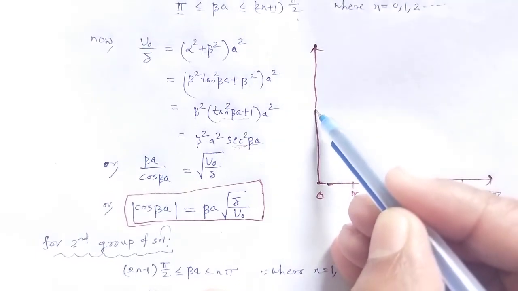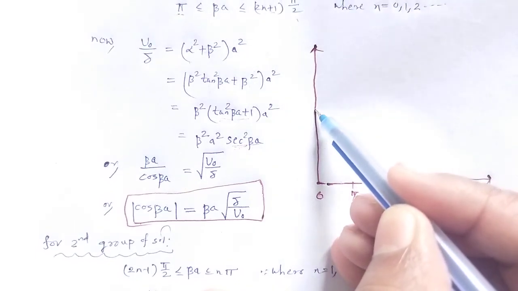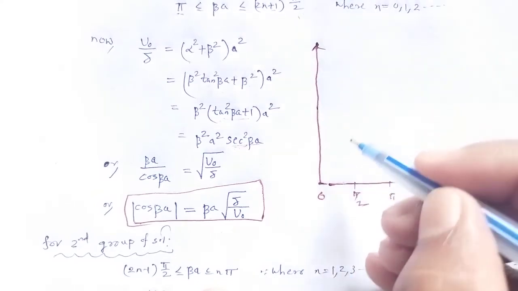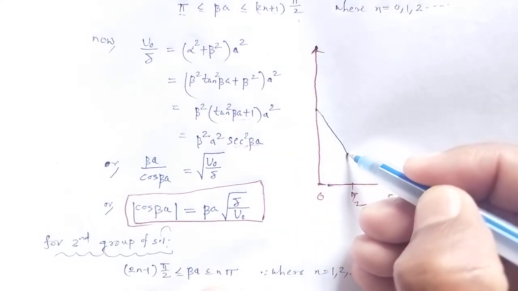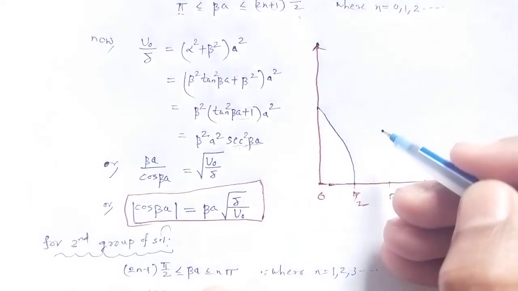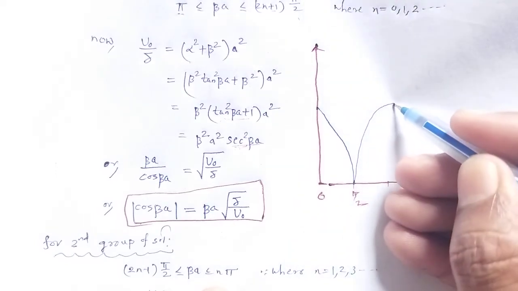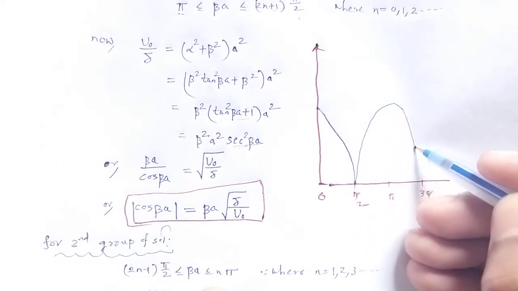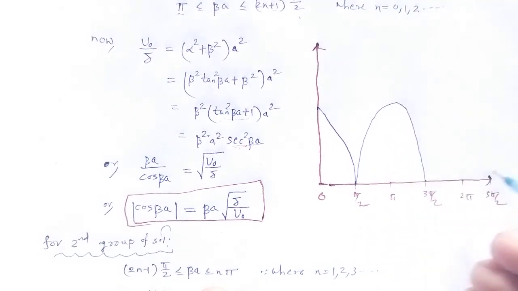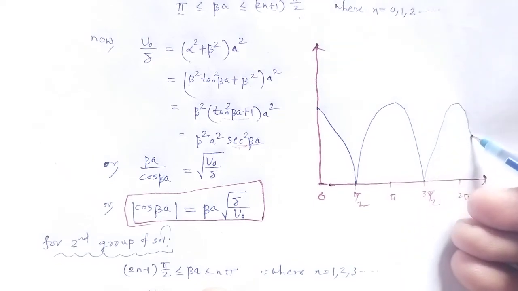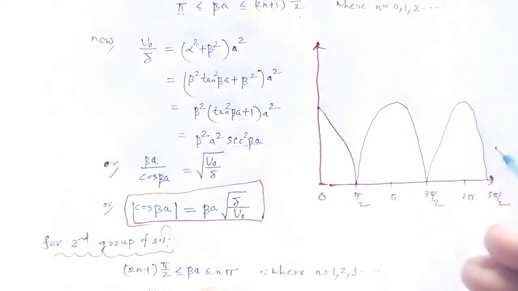This is the cos beta graph first, the cos beta graph.